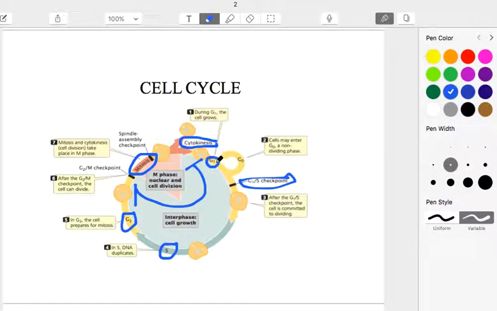G1 phase is very important. What happens at G1 is the cell grows, and it grows very efficiently. It will pass through the G1/S checkpoint. We're going to talk about the different checkpoints in a few moments.